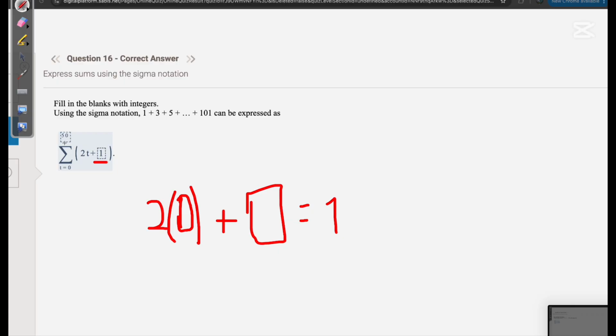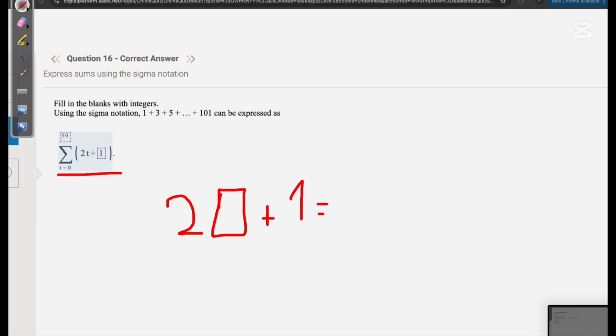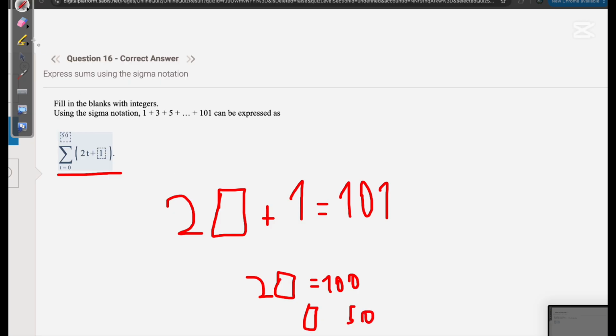So this will be 1. Okay, then how do we get this 50? You may ask. Look, so here they basically want t when the answer of this 2 box plus 1 is equal to 101. Or 2x, you can make it anything. So 2 box is equal to 100. The box is 50. It's just like algebra, basically.